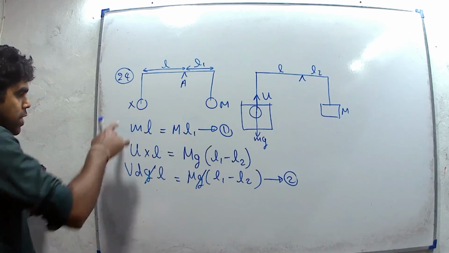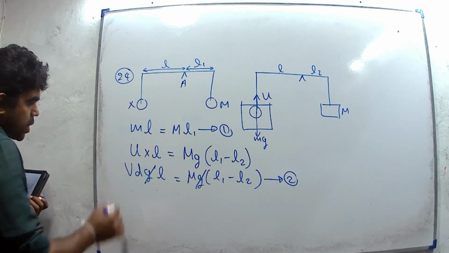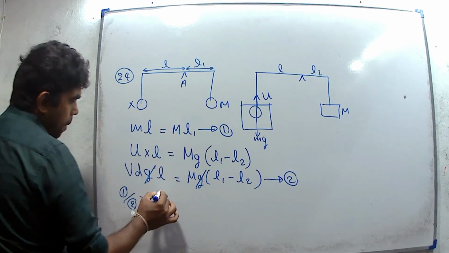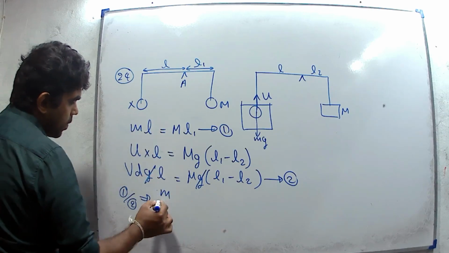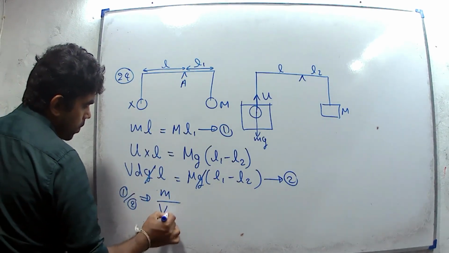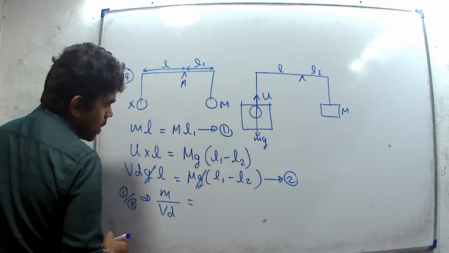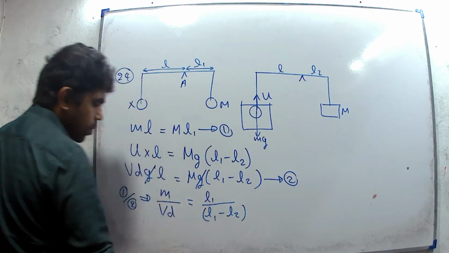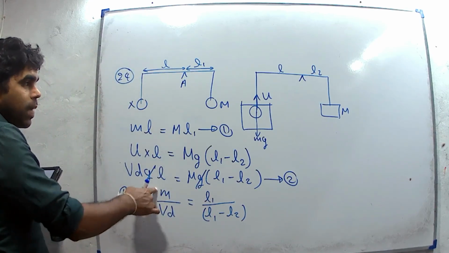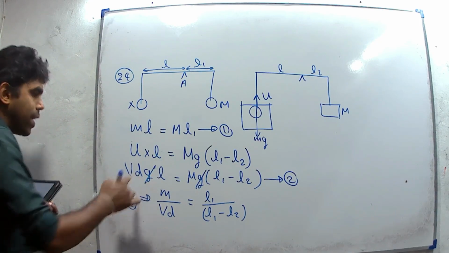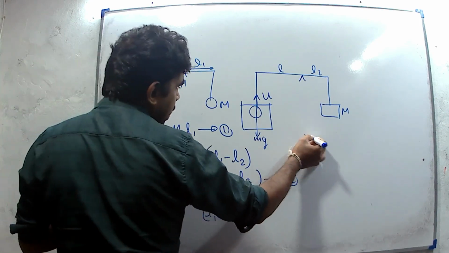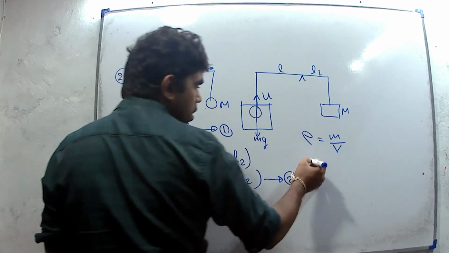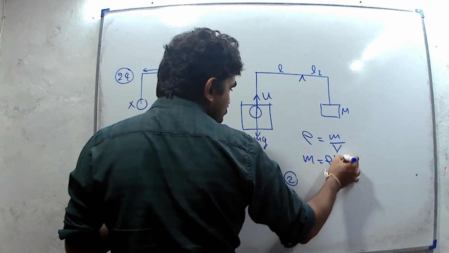Now I will divide the first equation by the second equation. We get mass, L is cancelling, divided by VD equals capital M is cancelling, L1 over L1 minus L2. Now we can substitute small m, the mass of X. We know that density equals mass divided by volume, so mass equals density into volume.